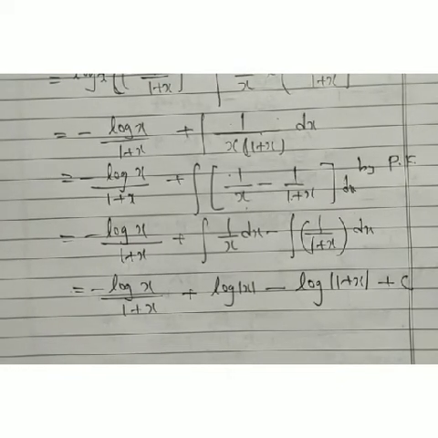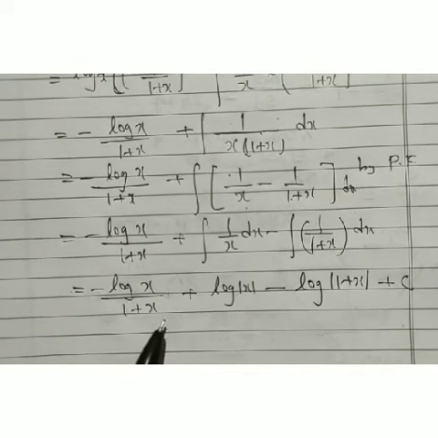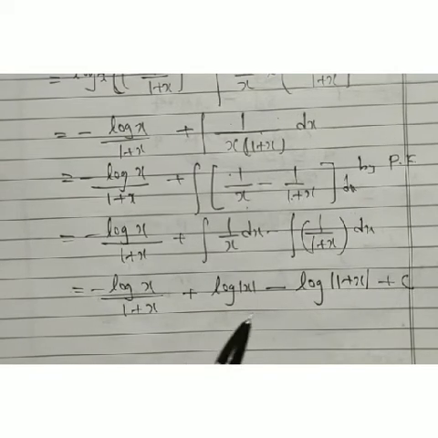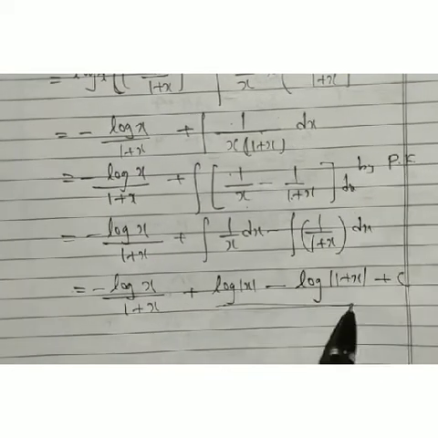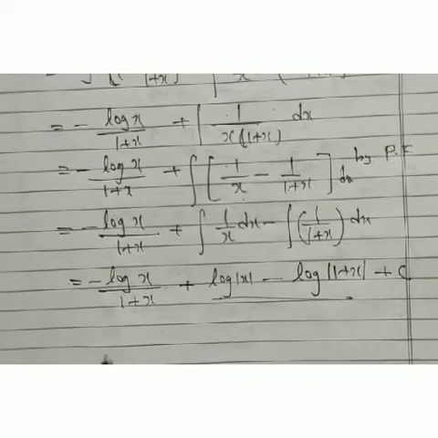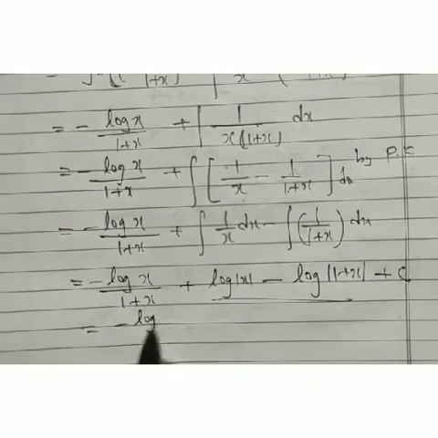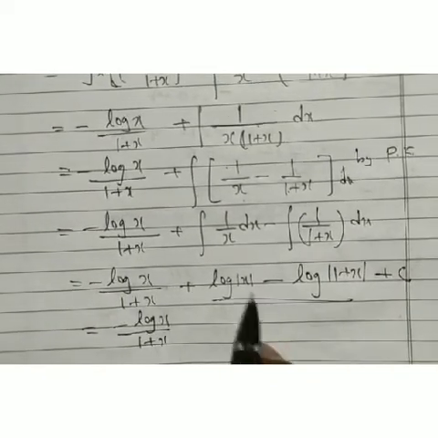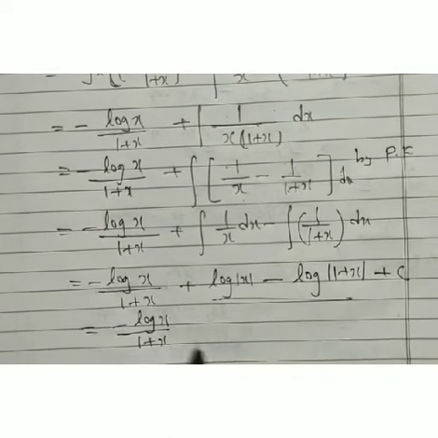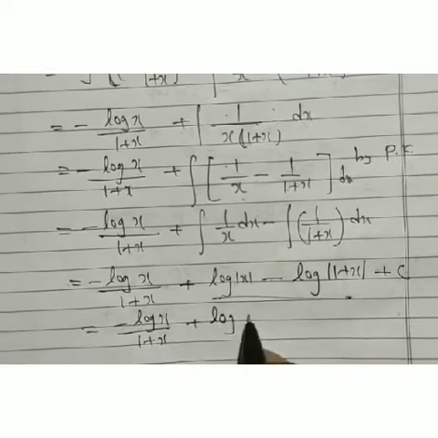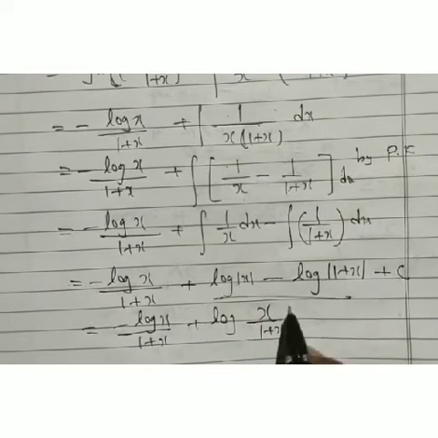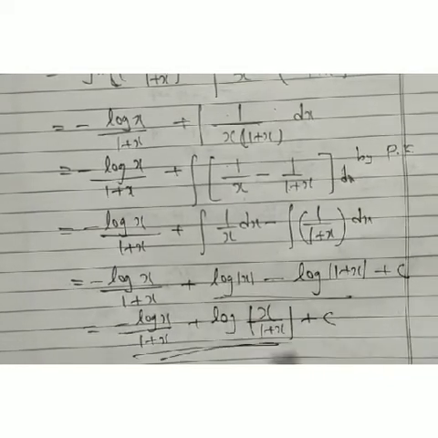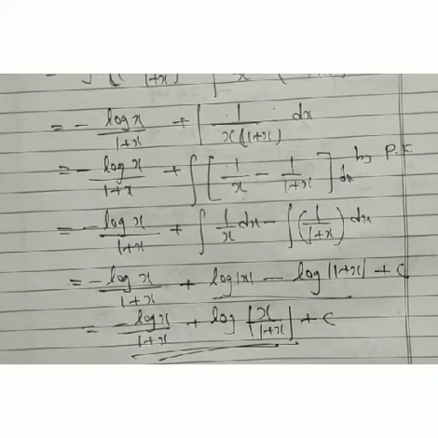We can also simplify this further: minus log x upon 1 plus x is in the form log m minus log n, so we can write it as log m by n, this is our required answer of this part.